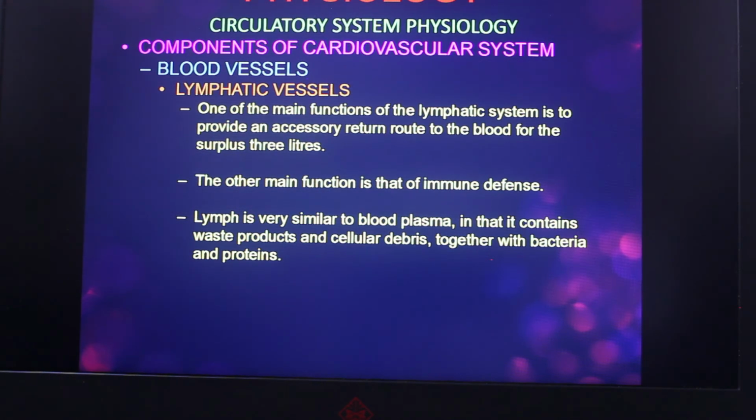One of the main functions of the lymphatic system is to provide an accessory return route to the blood for the surplus 3 liters. The other main function is that of immune defense. Lymph is very similar to blood plasma in that it contains waste products and cellular debris together with bacteria and proteins.